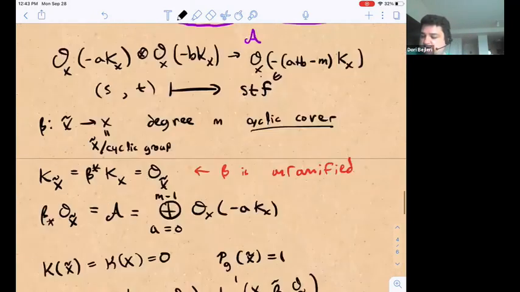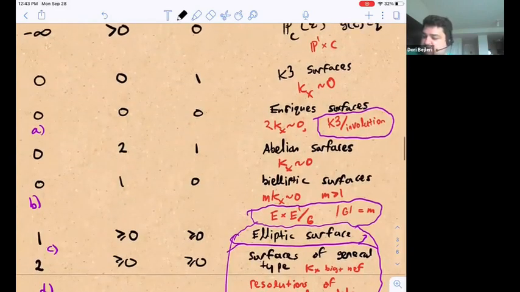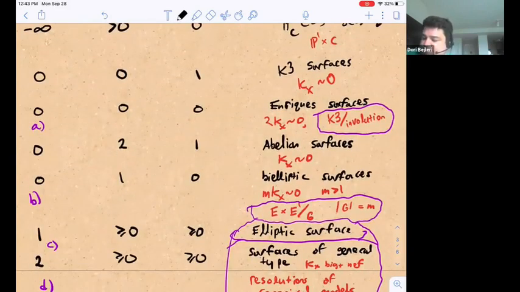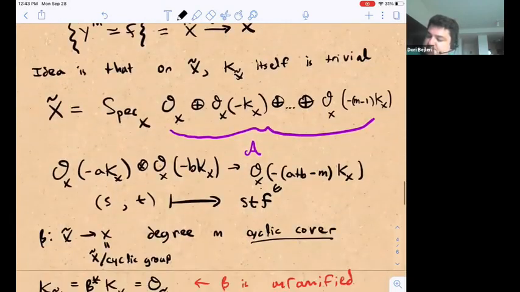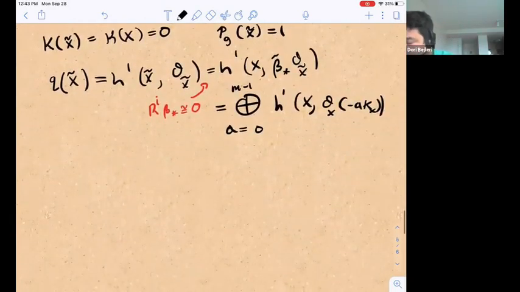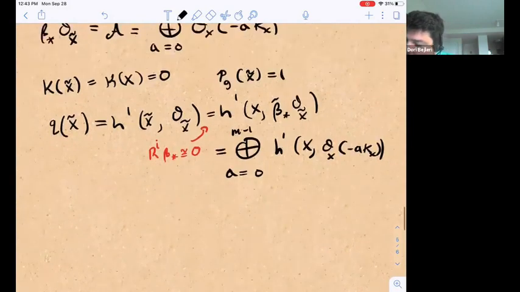And then that'll let us get these statements that an Enriques surface is always a K3 modulo an involution, and that a bielliptic surface is a product of elliptic curves modulo some cyclic group. Okay. Questions?